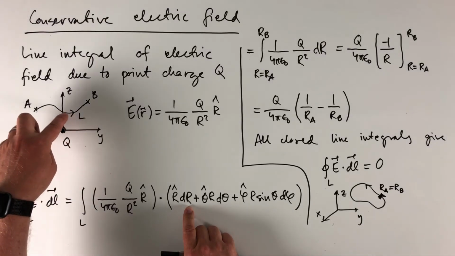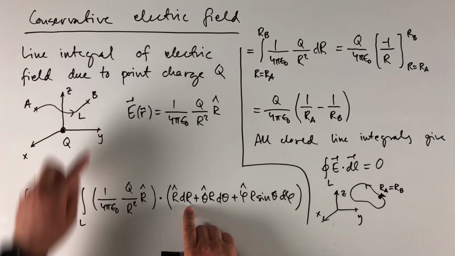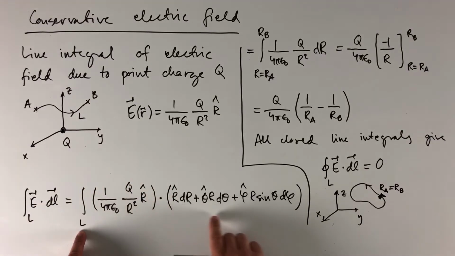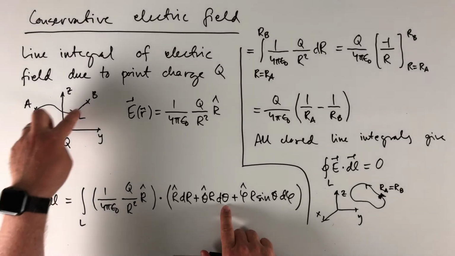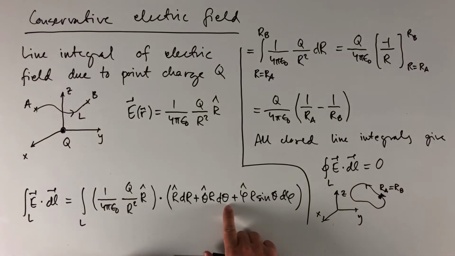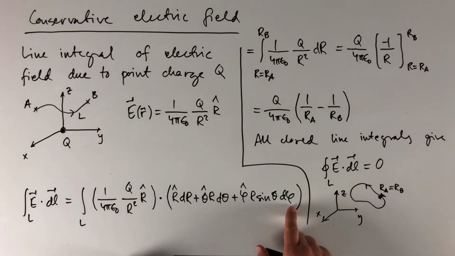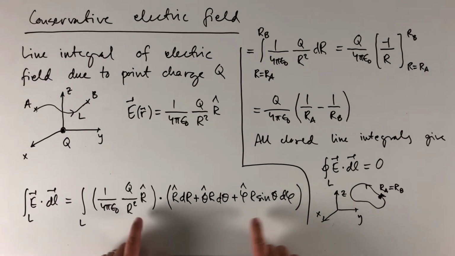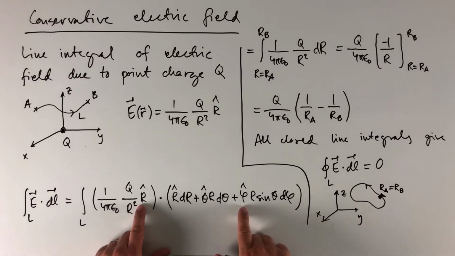As soon as this curve moves in the radial direction, there will be a non-zero contribution to this line integral. But no matter what movements this curve makes in the theta direction and phi direction, those will not contribute. And that's because of this scalar product evaluating to 0.